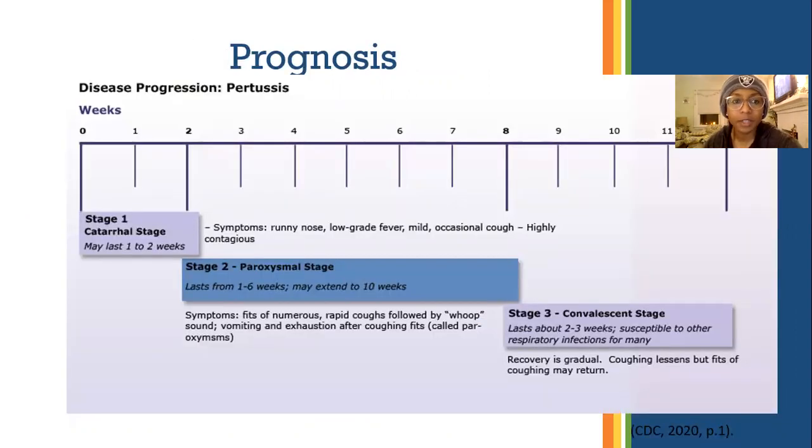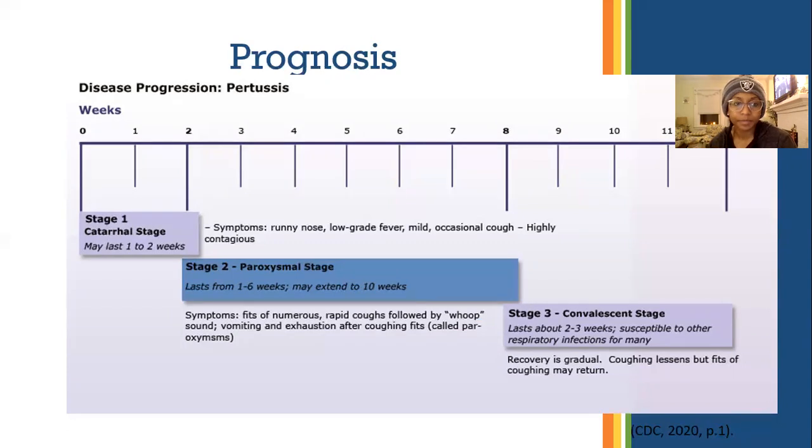Okay, the prognosis. I thought this was a really nice chart that the CDC had because whooping cough comes in 3 different phases. The first is the catarrhal stage, the second is the paroxysmal stage, and the third is the convalescent stage, and each stage has different symptoms and accompanying factors.